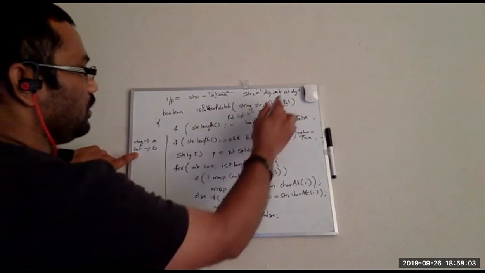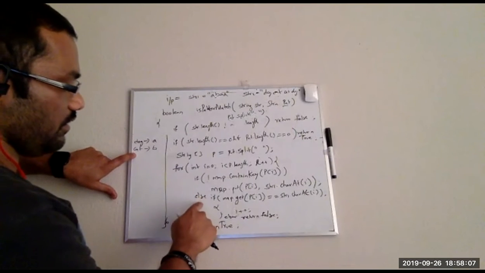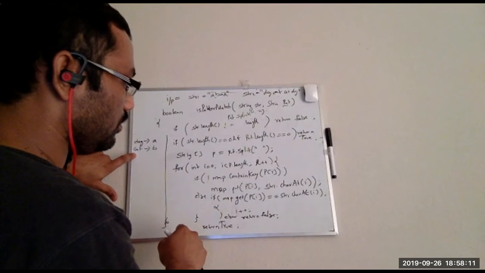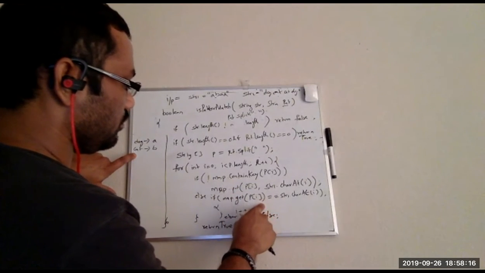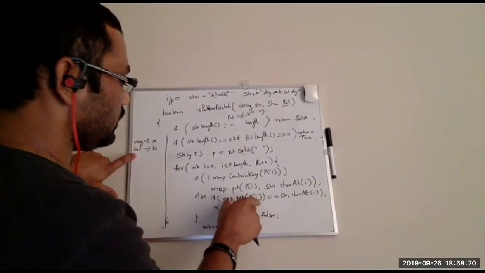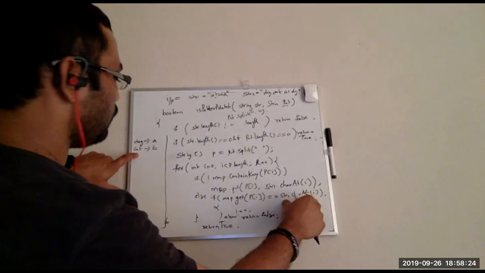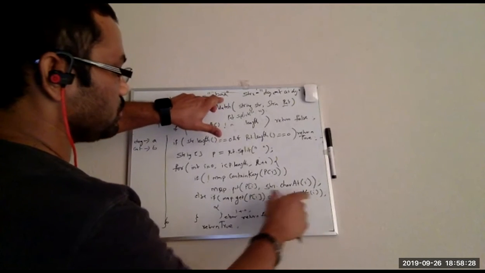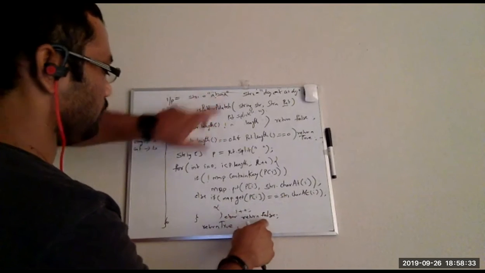Now we have a cat in the hash map, so we will check that the map's cat value, which is B, is equal to the character at I. Here I is 2, which is A. So B is equal to A, which is false. So it goes to the else and returns false here.